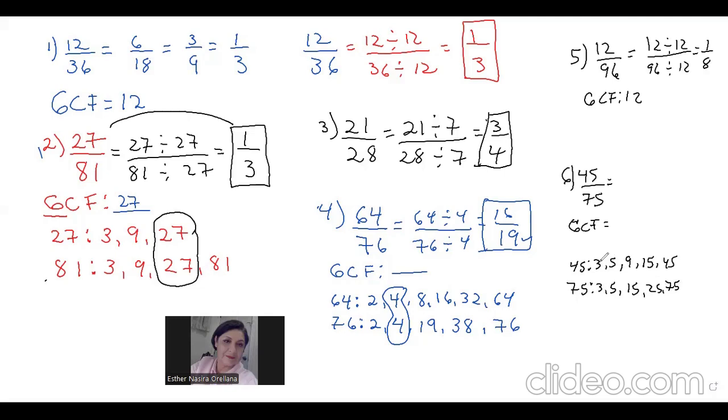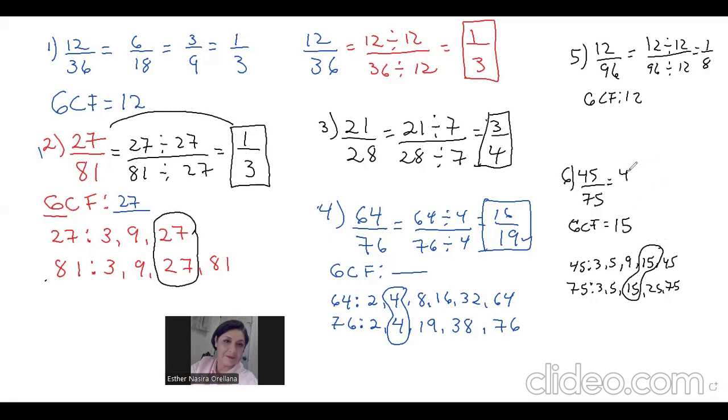So let's see. Common factors are 3, 5, and 15, but the greatest of all common factors is 15. That is the greatest common factor.